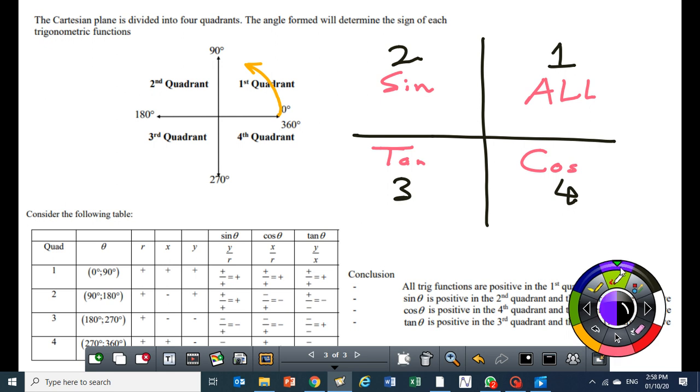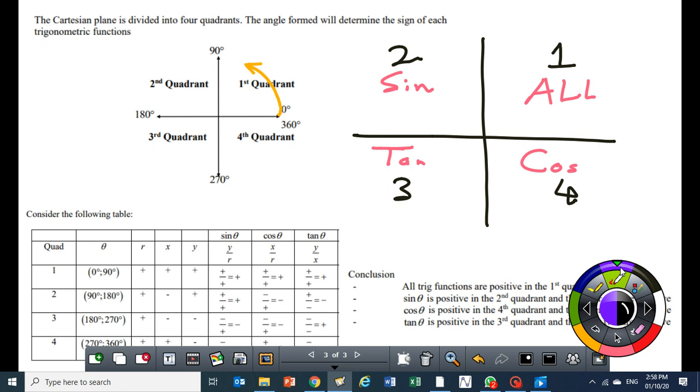Then pay attention carefully. Then we can come up with what is called a CAST diagram. The CAST diagram is the Cartesian plane divided in terms of whether each of the 3 trigonometric ratios are positive or negative.